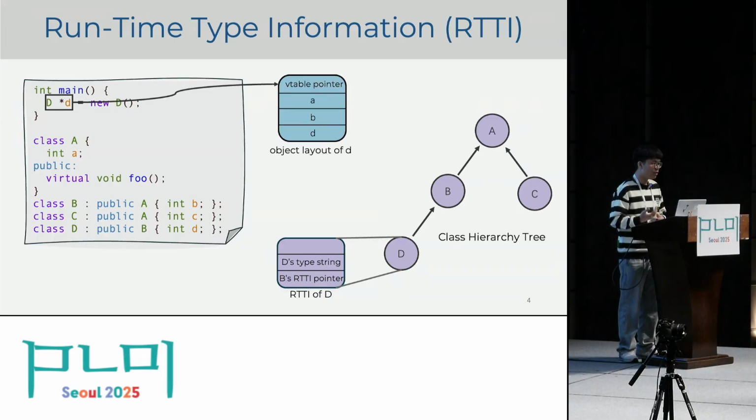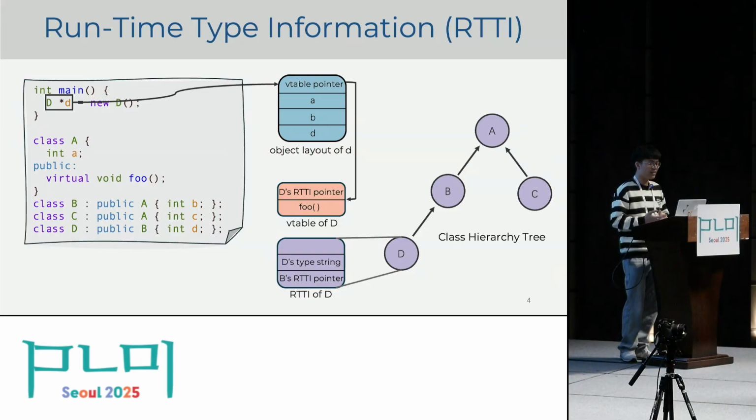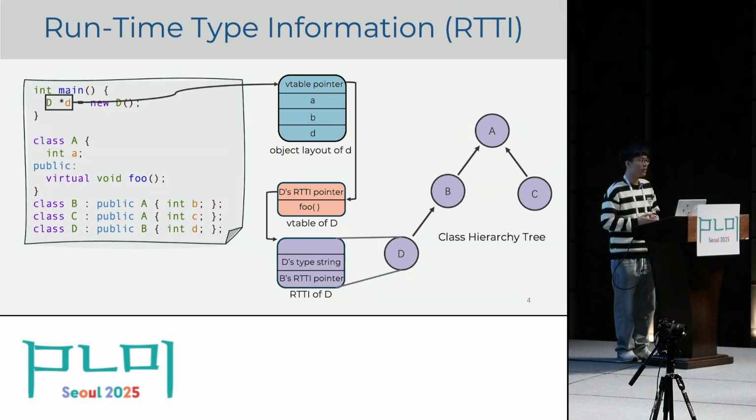At runtime, if we want to get the RTTI data from the object, we start by looking at its virtual table. The pointer to the virtual table is stored in the object layout. And from the virtual table, we follow the RTTI data pointer to the RTTI data. And from there, we know exactly what type the object is.